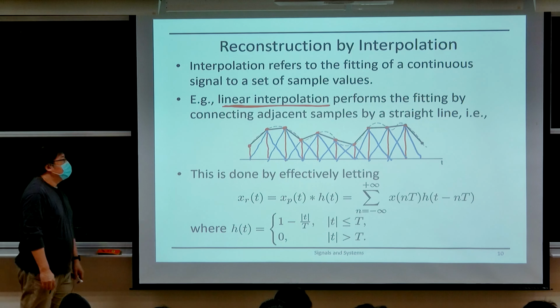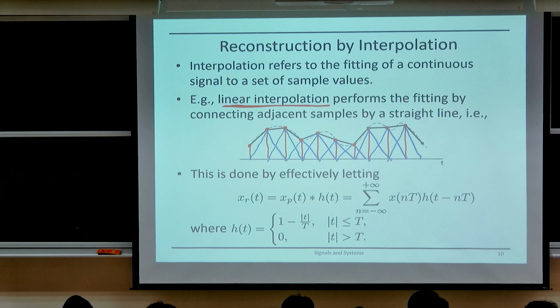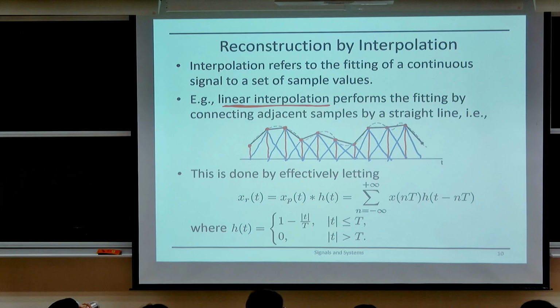Now you can try to verify that this is true. So let's see. Suppose that this is mT and this is (m+1)T, and suppose you want to find the value of this point here.